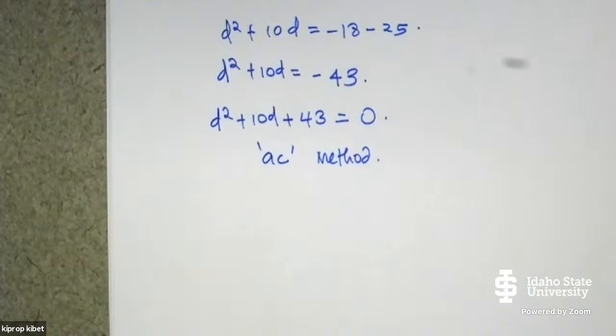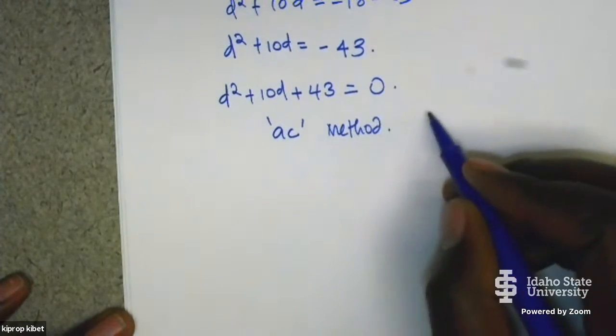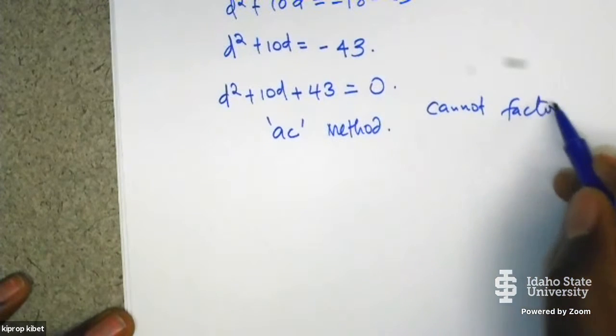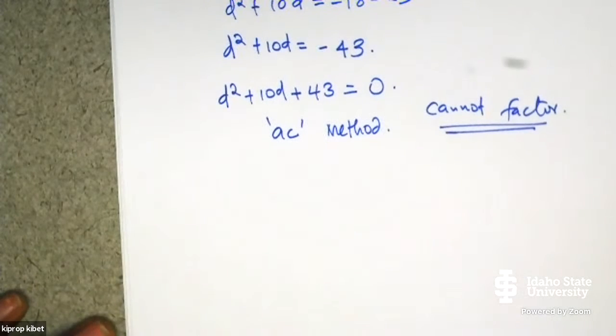Unless it is 43 and 1, right? So that is actually a prime number. So we cannot say 1 plus 43, we get 10. We cannot factor this.